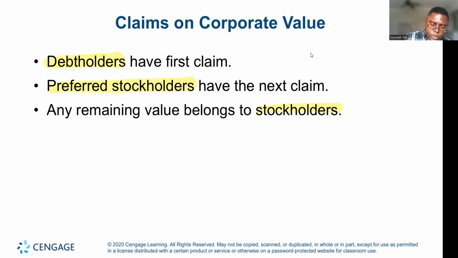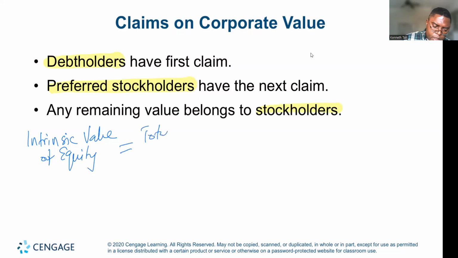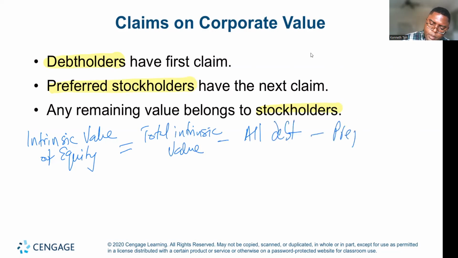So we can isolate the intrinsic value of equity, which is what we are interested in if we want to value a stock. The intrinsic value of equity is going to be the total intrinsic value minus all debt minus preferred stock.